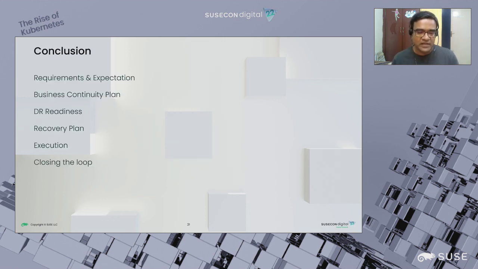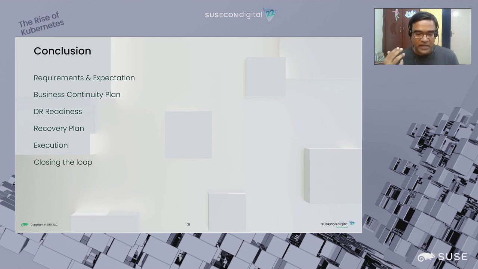Brilliant. So if I have to summarize this real quick, what we covered is what the customer's expectations are. They want services to be available 24 by 7, 365 days a year. Organizations need to have plans and strategies in place to do that. In terms of disaster recovery, you also need to be operational. So for that, you have a disaster recovery plan.